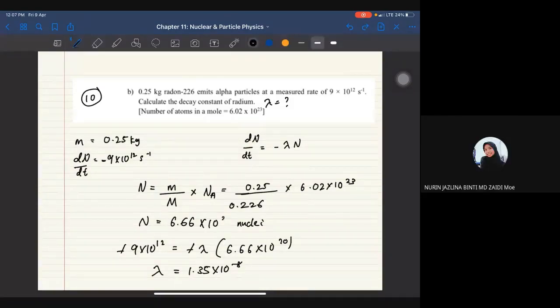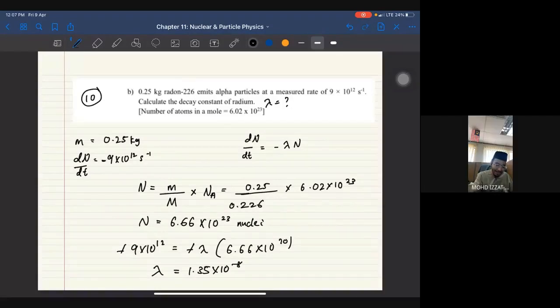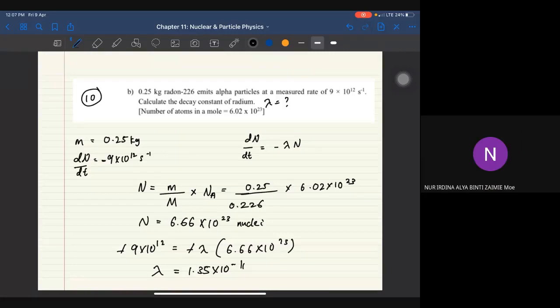Power of 23. Kan? Bawah tu 20 jugalah. So, yang kamu dapat tu sebenarnya betul. Sebelas eh? Betul, sir. Okay, good.